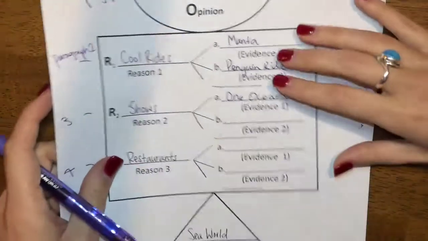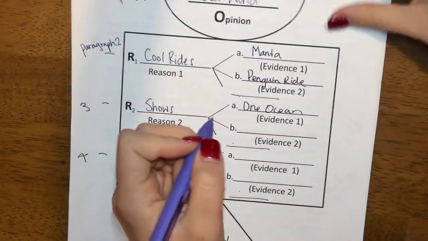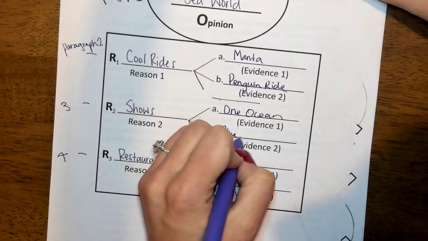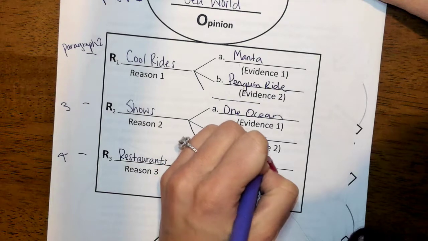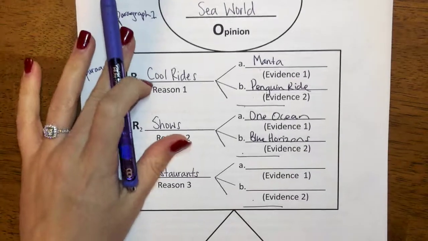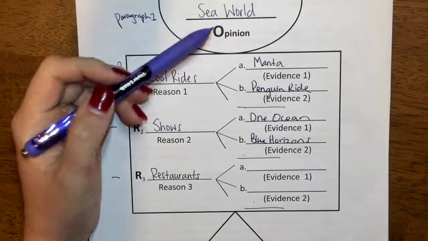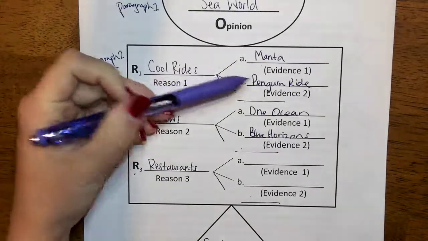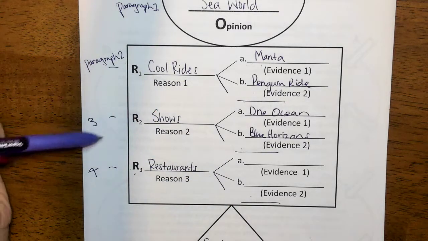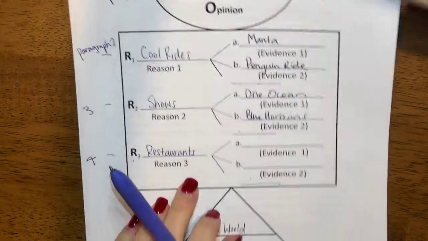So on my graphic organizer, I'm going to come back here and I'm going to put Blue Horizons for evidence 2. So I'm going to stop right there because I think you guys get the picture. But for your graphic organizer, you need to have 3 reasons with 3 pieces of evidence each. And those are going to make up the middle paragraphs of your writing piece.